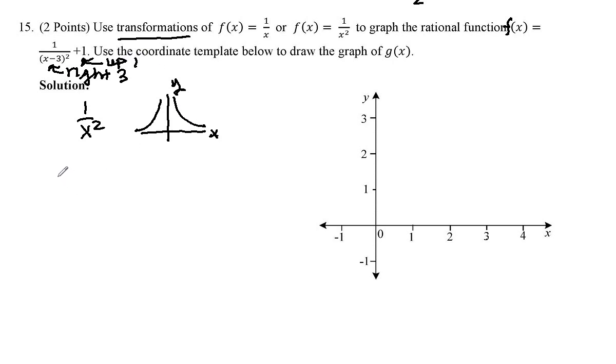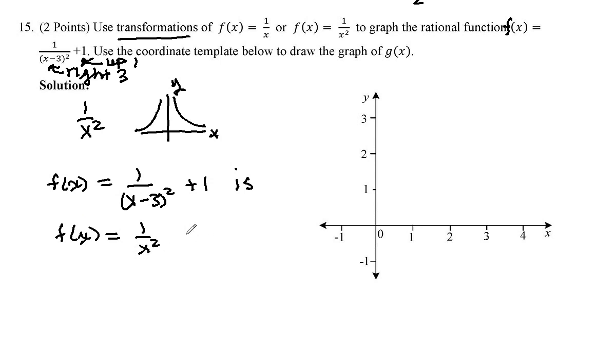So our graph, f of x equals 1 over x minus 3 quantity squared plus 1, is the graph of f of x equals 1 over x squared, shifted right 3 units, because remember, insides work as opposites, so negative 3 would be positive 3 units, and the outsides work the way they're supposed to, so up 1 unit.